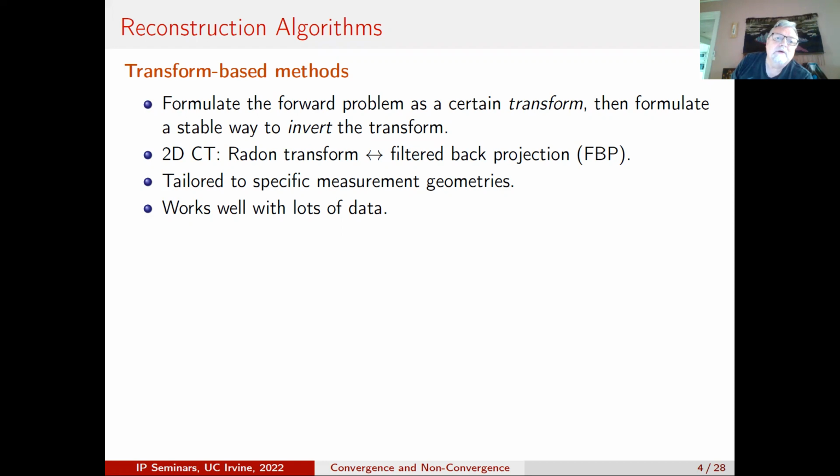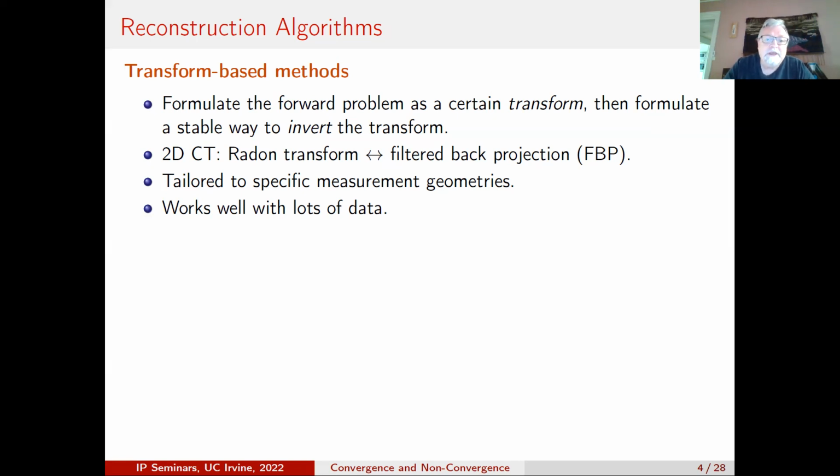One approach is to formulate the forward problem as some kind of mapping or transform, and then to do the reconstruction, we should find a stable way to invert that transform. So for example, for two-dimensional parallel beam tomography, that's the Radon transform. And when we implement the inverse Radon transform, that is called the filtered back projection method.